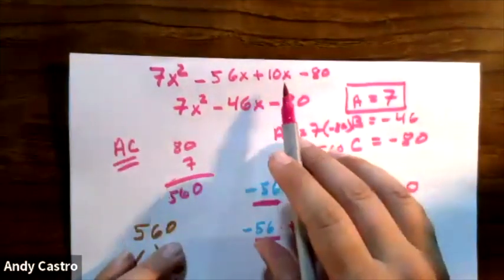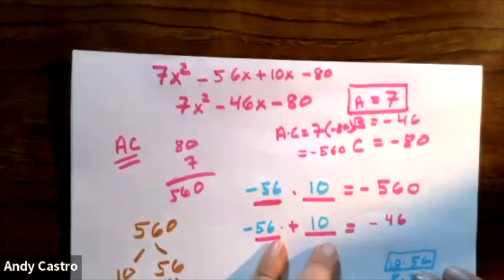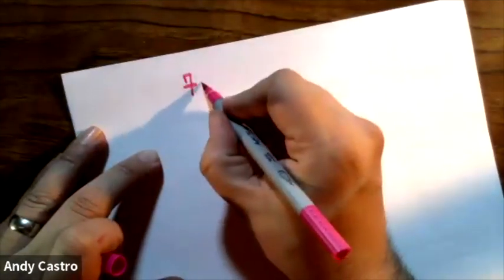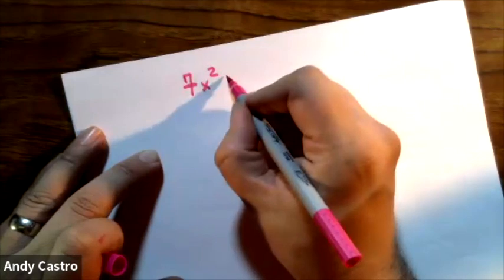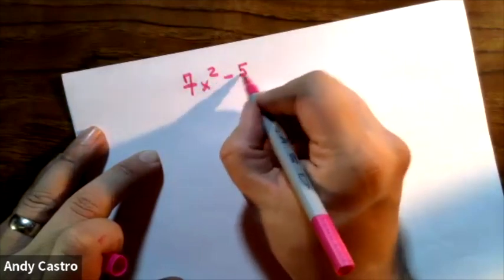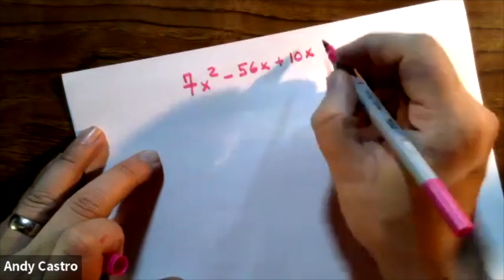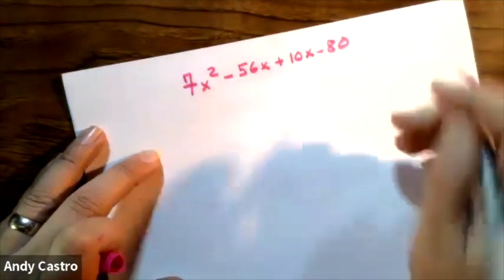I'm going to carry that on to the next paper so that you guys have it: 7x squared minus 56x plus 10x minus 80.